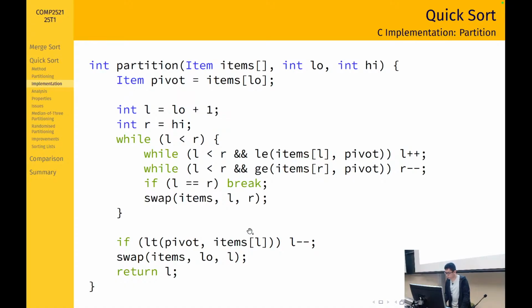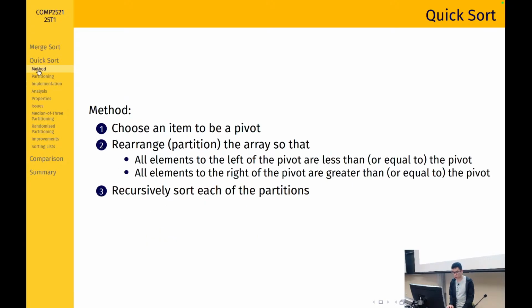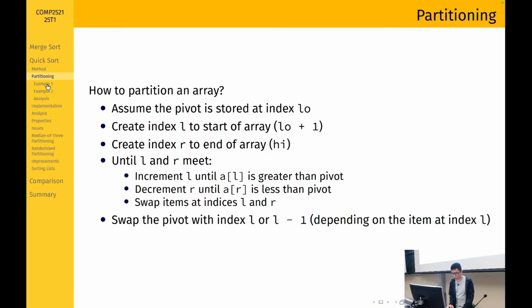Okay, yeah. So does anyone have any questions about the implementation? Okay, so if you're wondering about this if statement, it might be a little confusing, but you can refer to the example that we went through here.